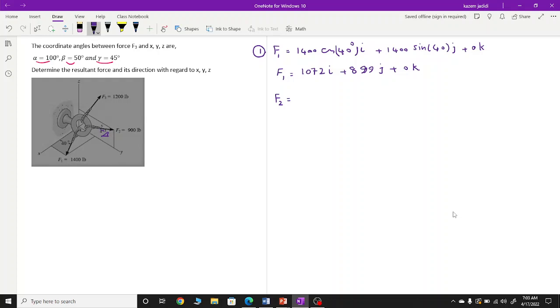Therefore, F2 is going to be 900 times the part parallel with y, which is 4 over 5, in j direction, and 900 times 3, which is parallel with z, over 5 in k direction, and we didn't have any x.